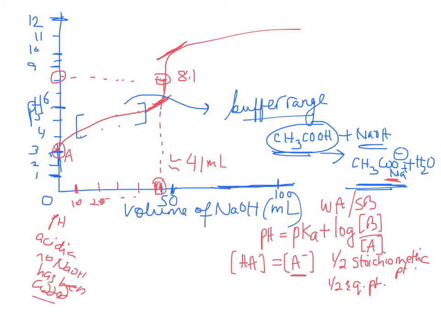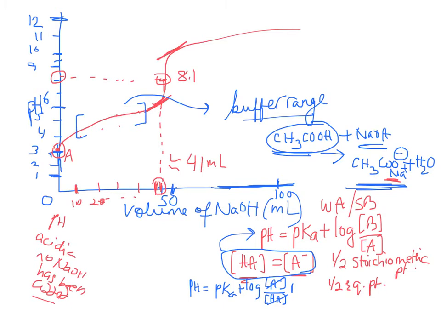Realize that if the base and the acid are equal and you plug this condition back into the Henderson-Hasselbalch, it's going to look like pH equals pKa plus log of A minus over HA. And by the way, since both of those are equal, they cancel each other, leaving log of 1. But what is log of 1?